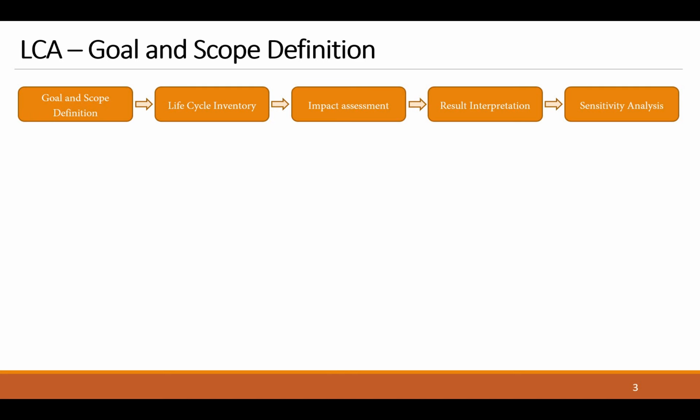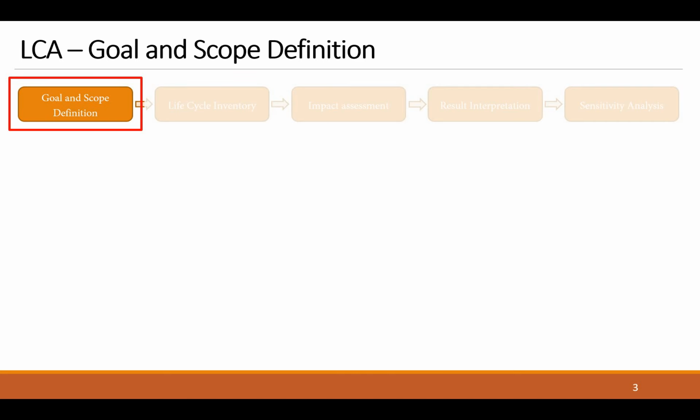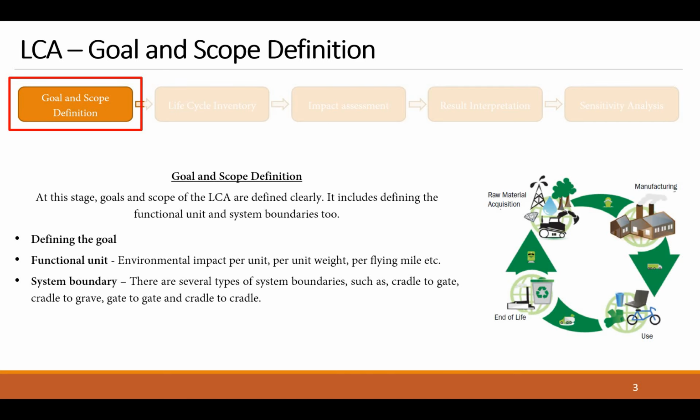So going further, the first step is goal and scope definition, which by name is very clear: we would define the goal and the scope of this LCA. Why does it matter? Because depending upon the goal, our considerations of LCA would be very different. Our goal could be to have a product which is better than the previous product.